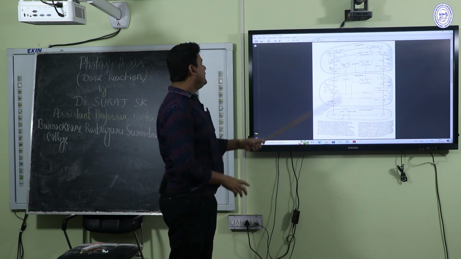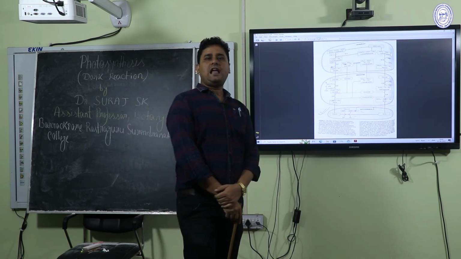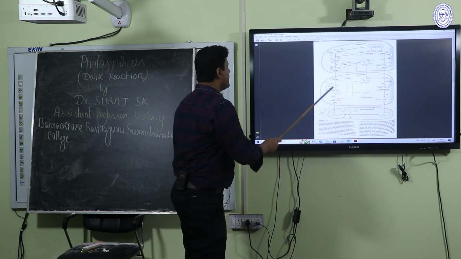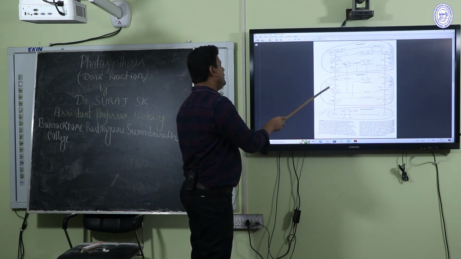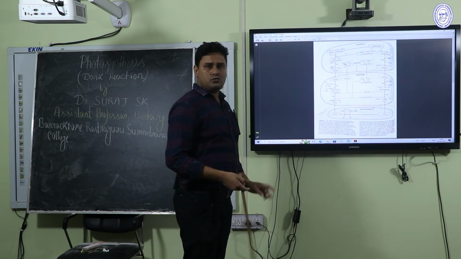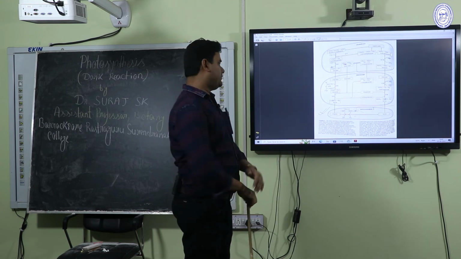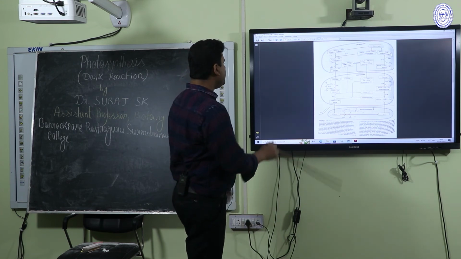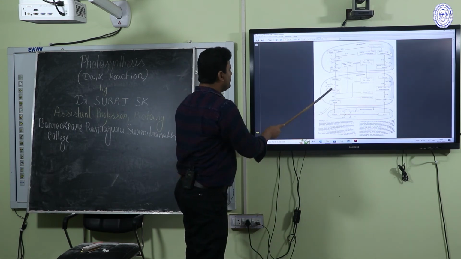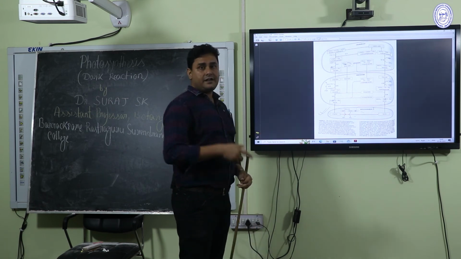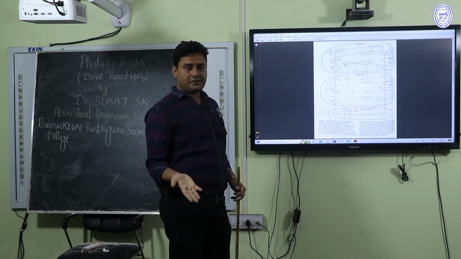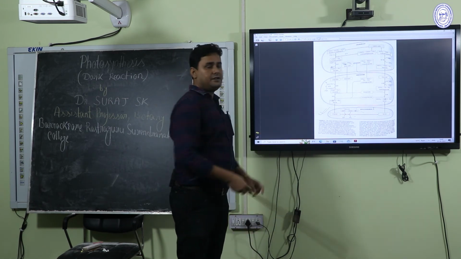But in photorespiration 2 molecules of H2O2 will be produced. In the next step, this glyoxylate will be converted into an amino acid, glycine.